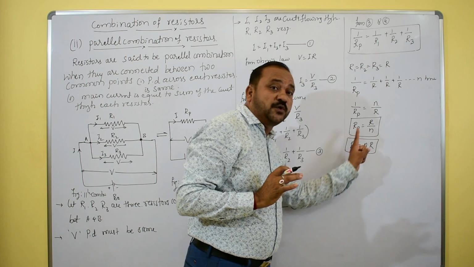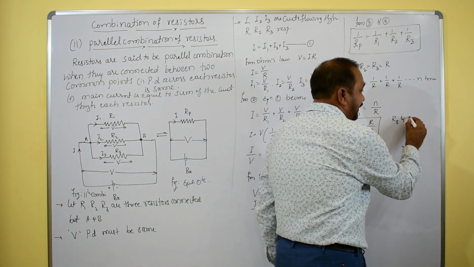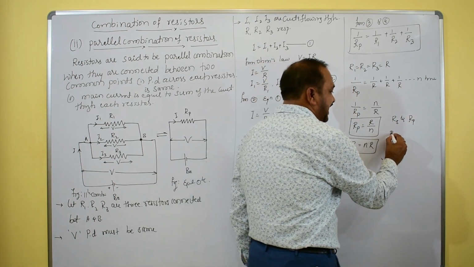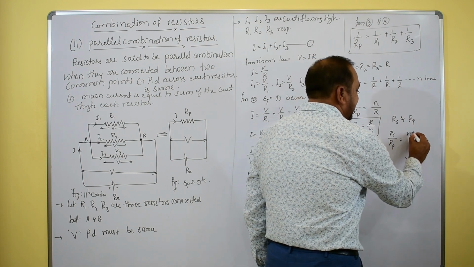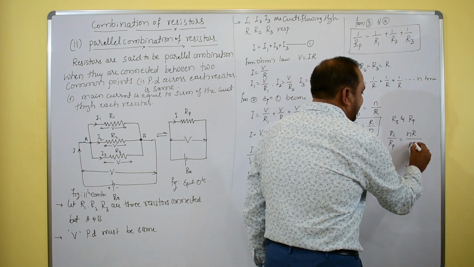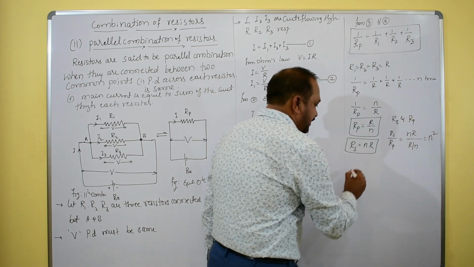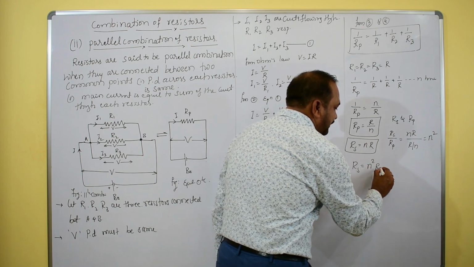Comparing both, what is the relation between Rs and Rp? Here I can write Rs divided by Rp equals, Rs is n into R, Rp is R divided by n, so it should be n square. Let me write: Rs equals n square Rp.